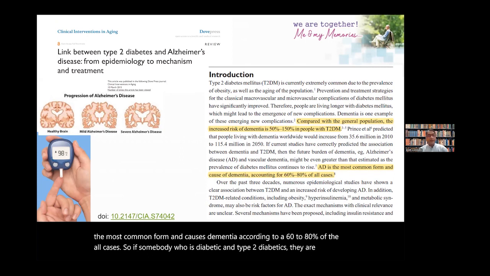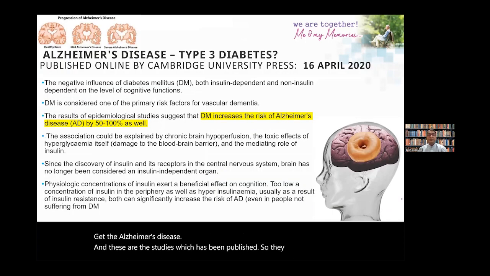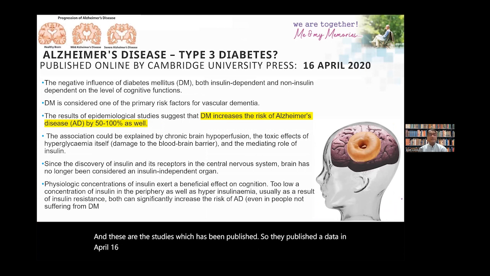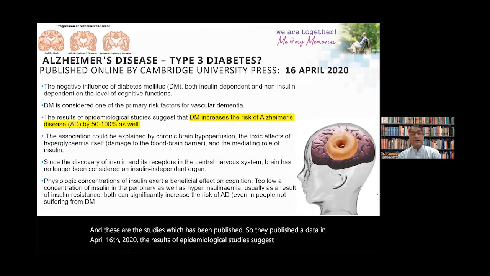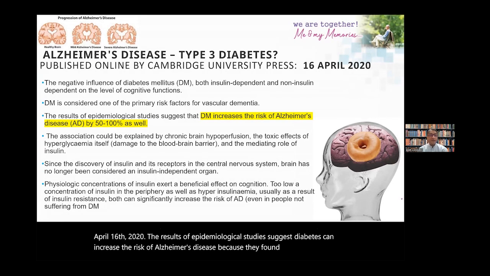In April 2020, the results of epidemiological studies suggested diabetes can increase the risk of Alzheimer's disease, because they found insulin and its receptors in the central nervous system. So the physiological concentration of insulin exerts a beneficial effect on cognition.